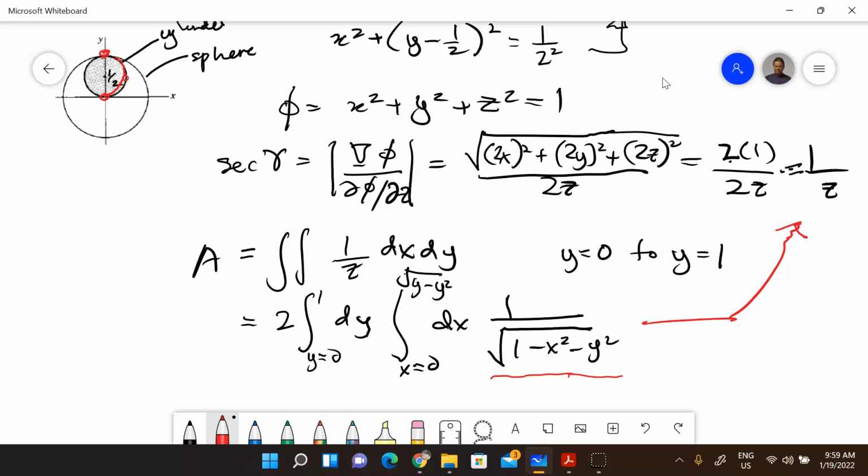There are a few things that one needs to be able to do: make sure what are the right coordinates to describe the area of the surface over here, and then using the equation of the surface, find your secant gamma. The rest you can actually read.